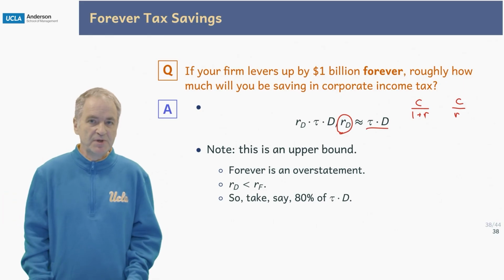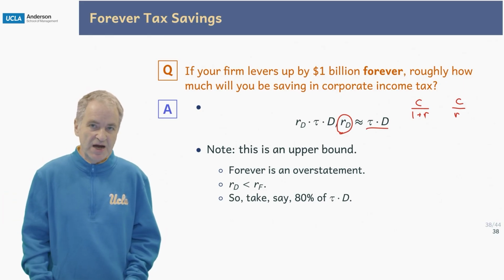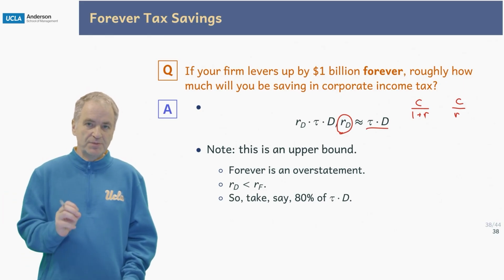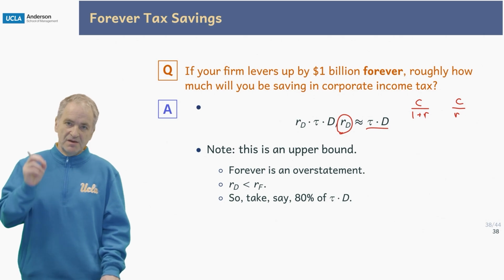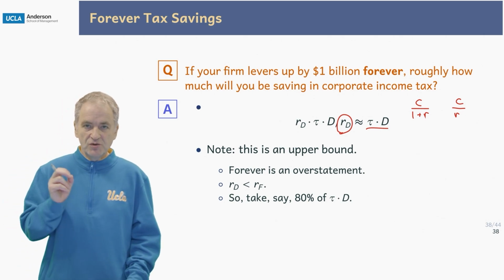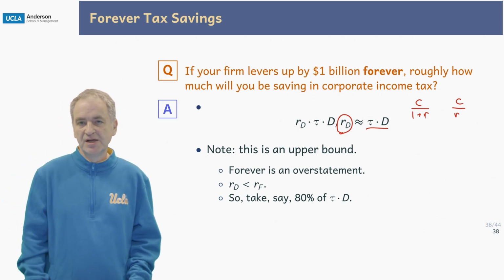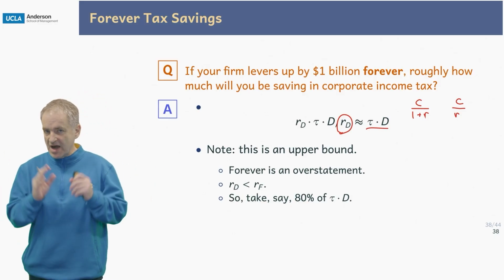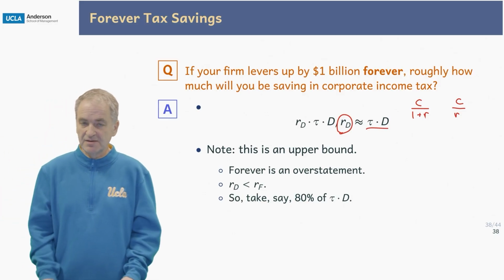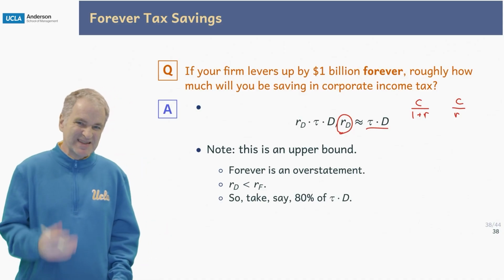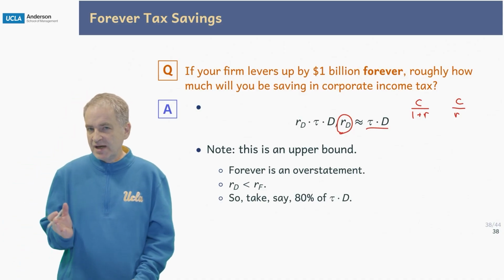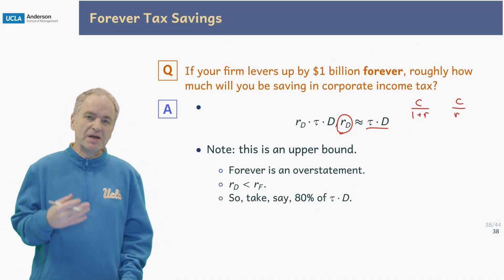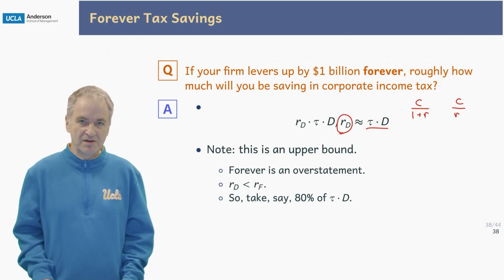So, for example, if you're in the 30% tax bracket and you're taking on $1 billion of debt, the value of your firm should go up by about $300 million. No calculators necessary. So I could just, in my head, roughly get this. Now, I should also remember that this is an overstatement. So really, somewhere between $200 and $250 million.